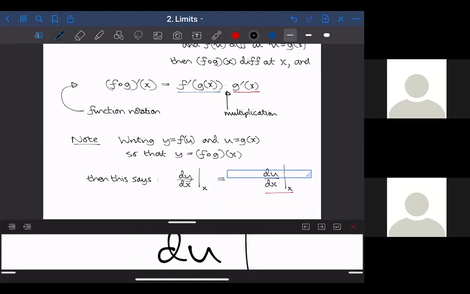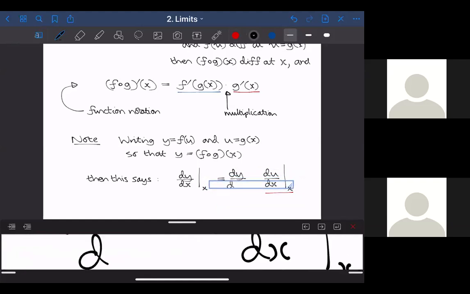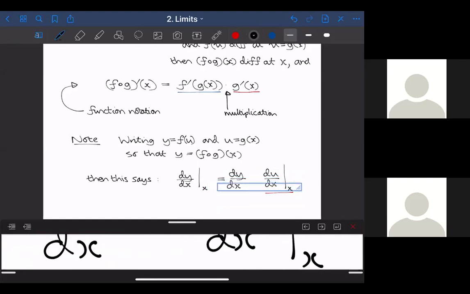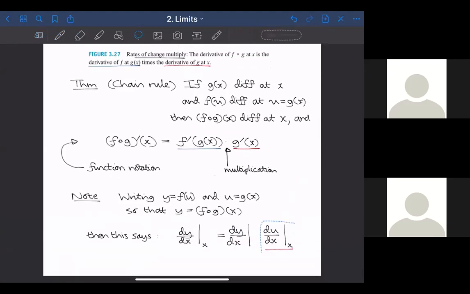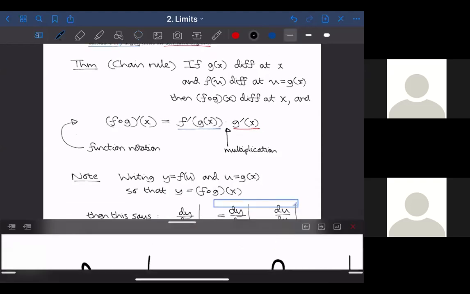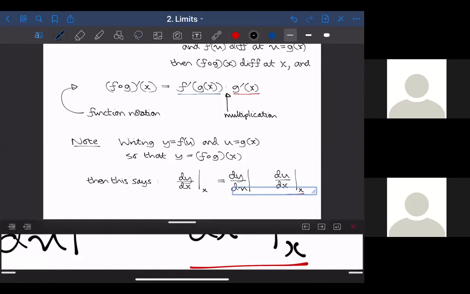So the derivative of f is dy by du at g of x.